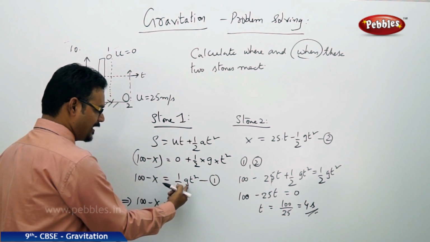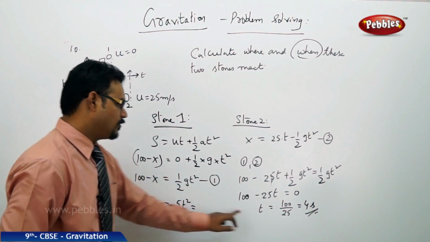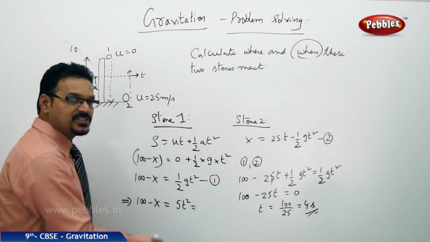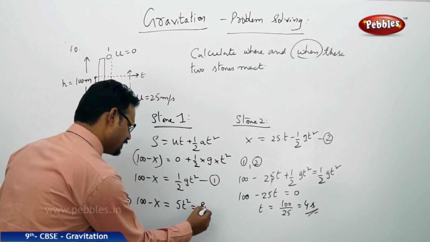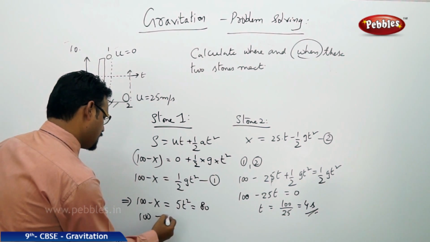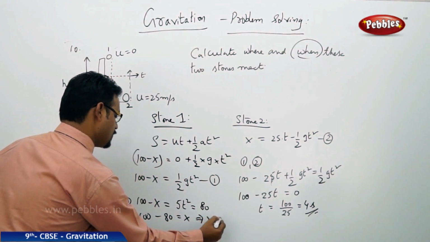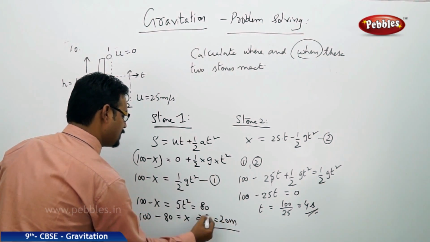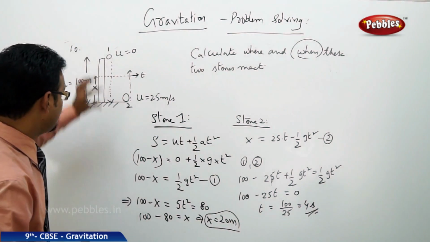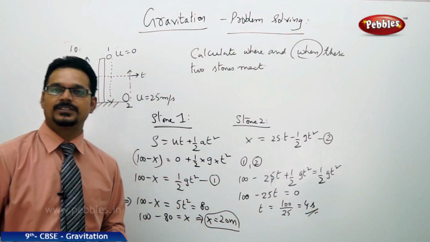So half into 10, which is 5, t square, and we got t equal to 4 seconds. So 4 into 4 is 16, 16 into 5 is 80. Then 80 comes to this side: 100 minus 80 equals x, which implies x equals 20 meters. So both stones meet at a height of 20 meters in time 4 seconds.